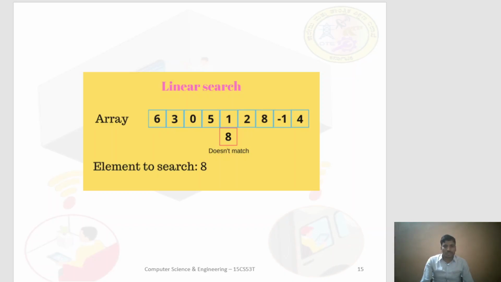Okay students, so we compare 8 from the 0th index of the array, that is 6, 3, 0, 5, 1 and 2. So from 6 to 2 there is no match with the search key. After this, 8 matches with this 8. So the position of this 8 is returned as the i value.